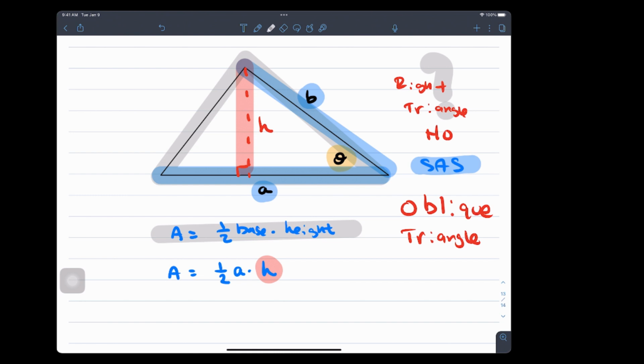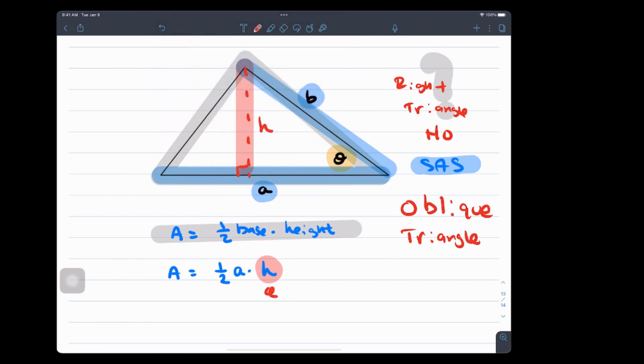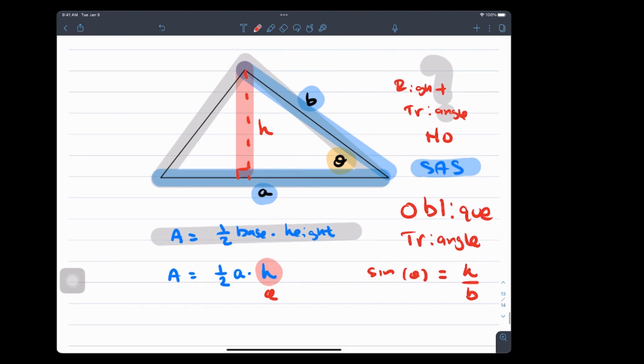Now in this case, what's the base? They called it the letter A. And what's the height? It's the letter H. But you guys want to know something about H? Isn't it true that sine of the angle theta is opposite over the hypotenuse?